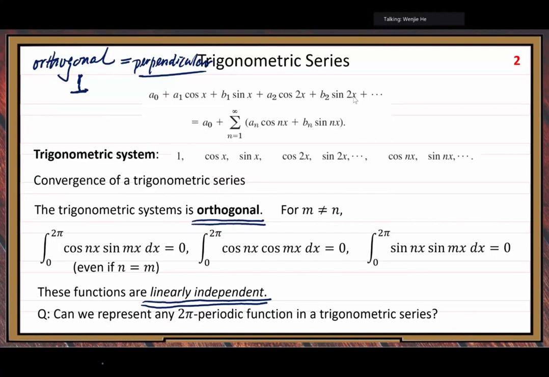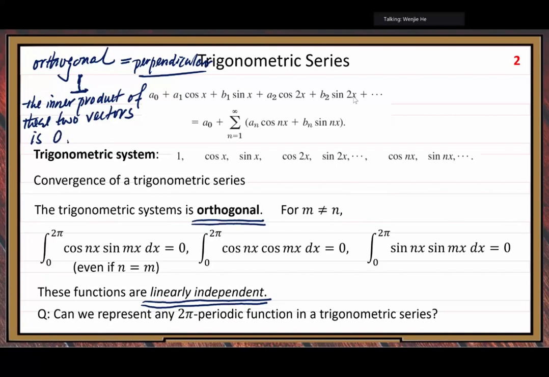If these two vectors are orthogonal, or perpendicular, the inner product of these two vectors is 0.